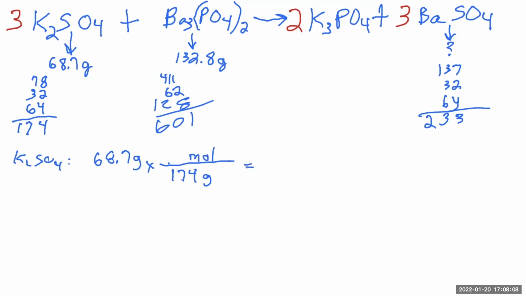And for barium phosphate, we've got 132.8 grams, and I've got 601 grams per mole.